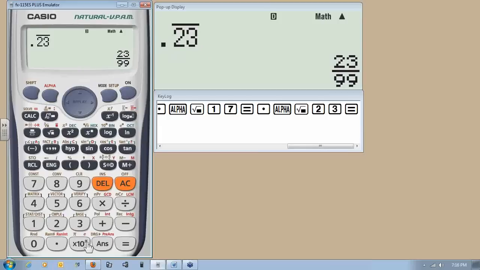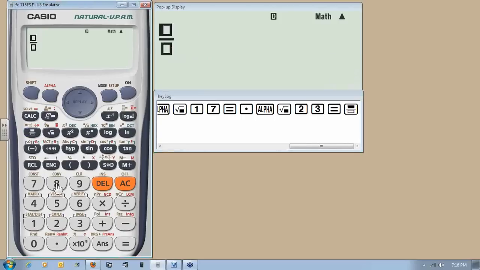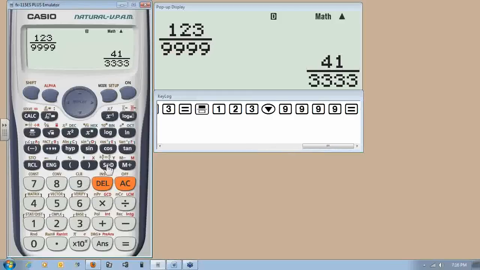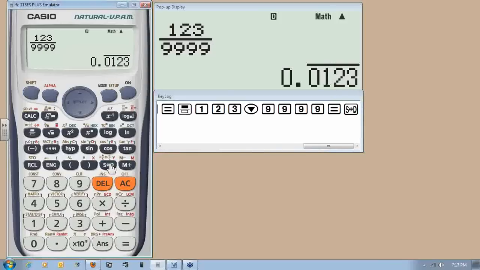how can I make a repeating decimal. So if I ask a student, can you make a repeating decimal like 123 repeating? Hopefully students will be able to come up with a pattern, 123. If I want those to repeat, I'm going to go over 1, 2, 3, 4. Again, we'll use the S to D key.